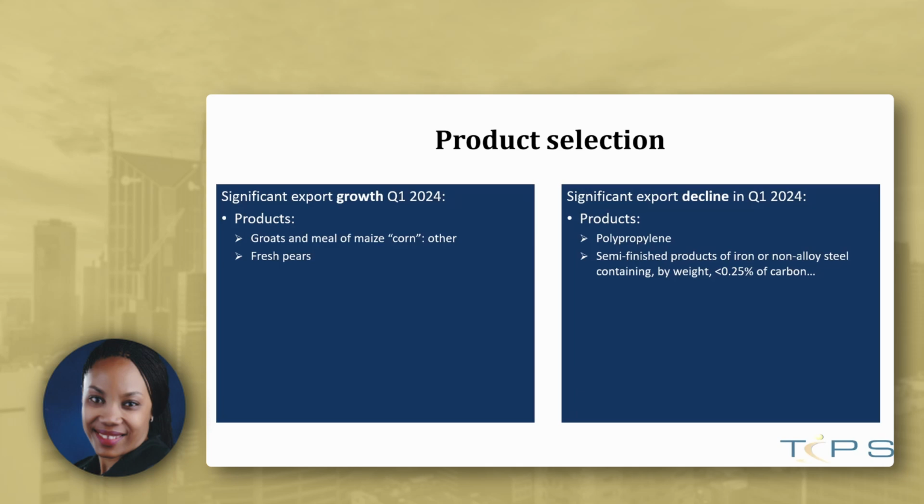So I'm not going to go into details, but these are the 4 products that we analyzed. If there are any questions, then I'll delve deeper into that in the Q&A session.